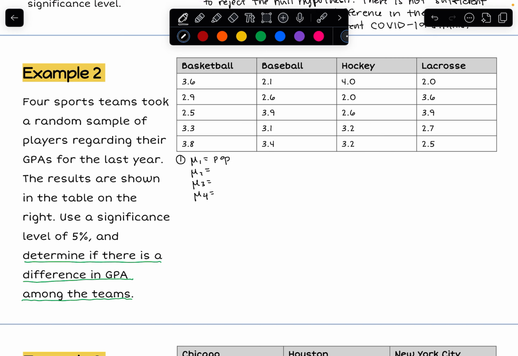So this is population mean GPA for members of, and then that wording's going to be the same for all of them. And the only thing that's going to change is the sports team they're a member of.